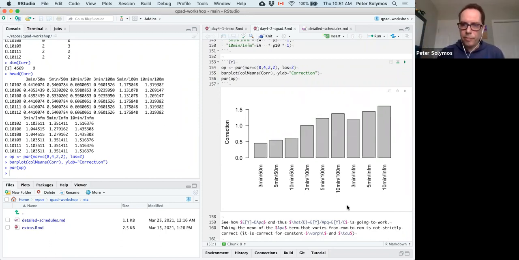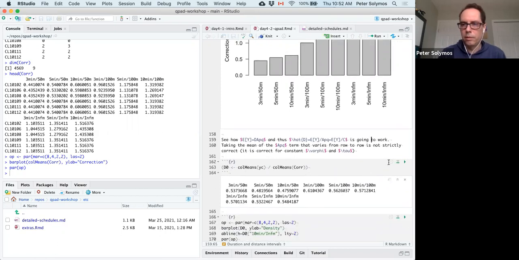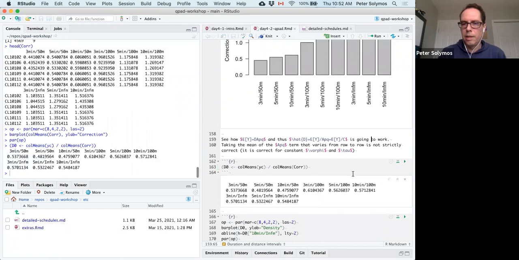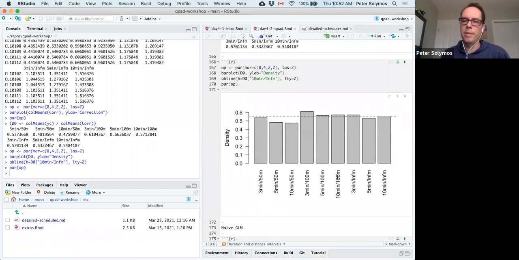Let's see if that's the case. Again, recap here, how we calculate density: mean count divided by the correction. Let's do that and see if that's really more or less the same.